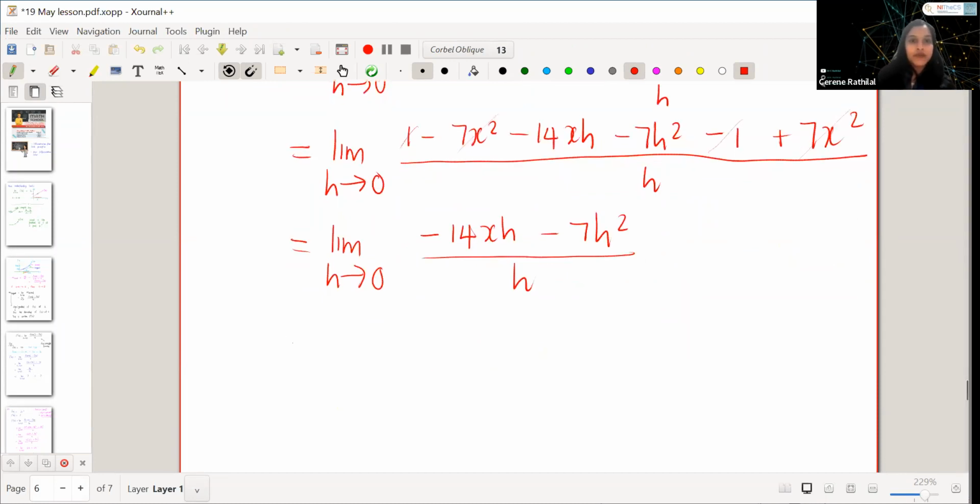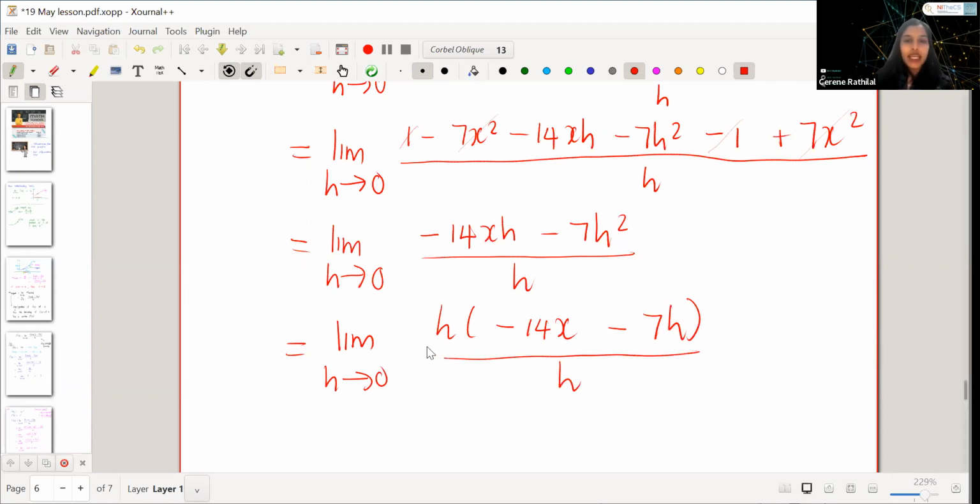So now, in the next line, I observe that the numerator has a common h, which I could now factor out. And I'm left with negative 14x minus 7h divided by h. And as we had seen in our previous calculations, we've got the cancellation of the h occurring.